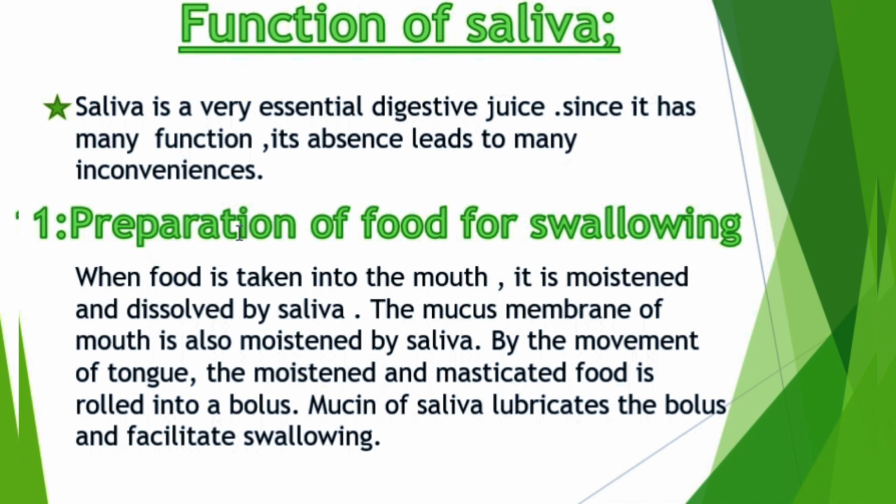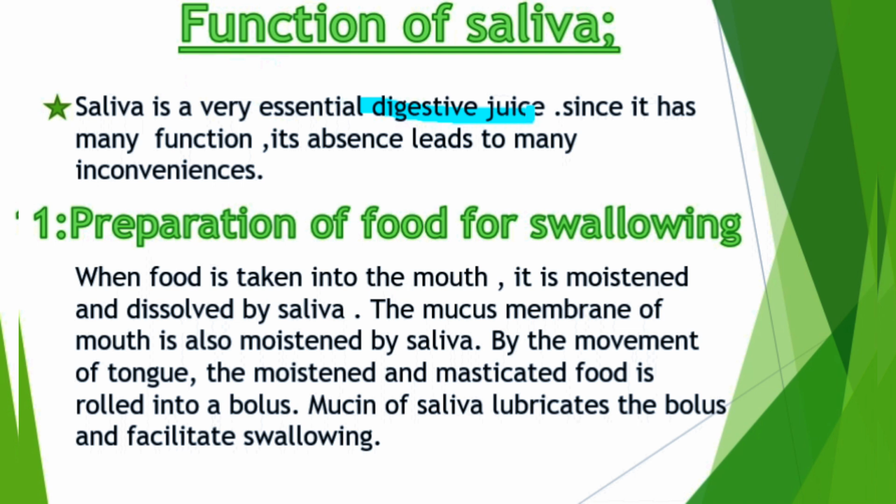Next, what is the function of the salivary gland? As we know, the salivary gland is responsible for the secretion of saliva. Now what function is performed by this saliva? Saliva is an essential digestive juice.